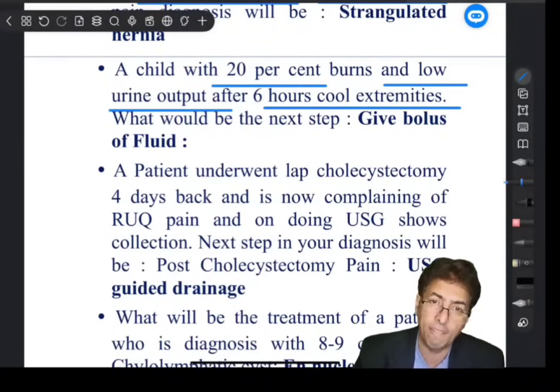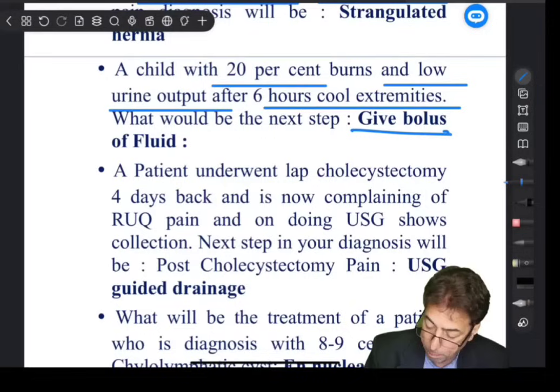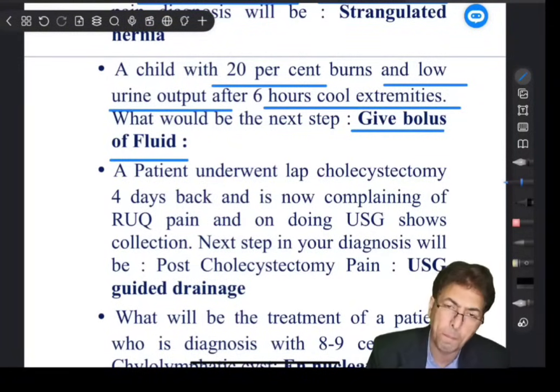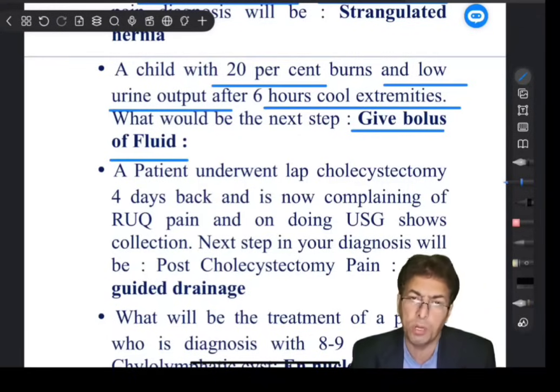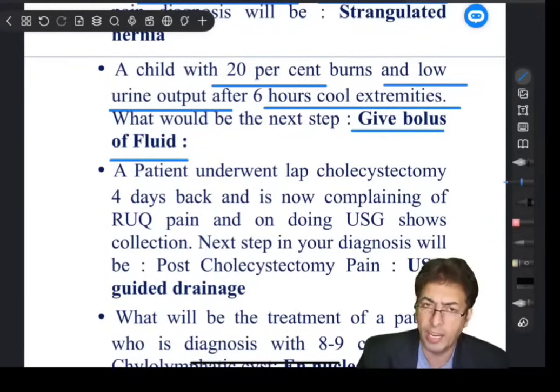You need to have a contingency emergency plan for treating a burn patient. The first and foremost important thing is that you give him fluid in the form of a massive bolus, a big bolus of fluid. So that was a question based on simple management of emergencies, and I don't think it needed much.